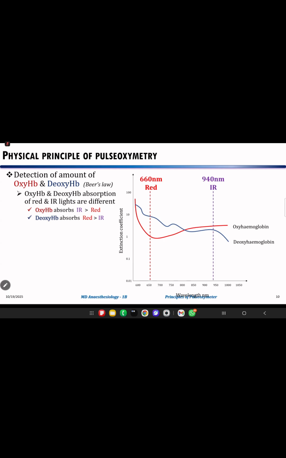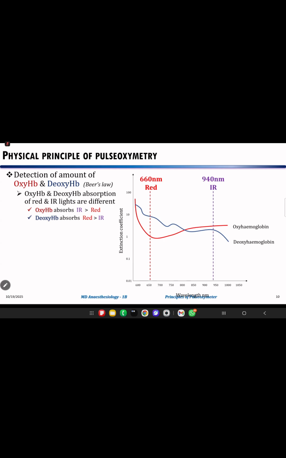Right? So if you want to remember this, how I remember it is this: when you consider oxyhemoglobin, it's bright red, right? That means it is reflecting more red light. That's why we can see it as bright red.